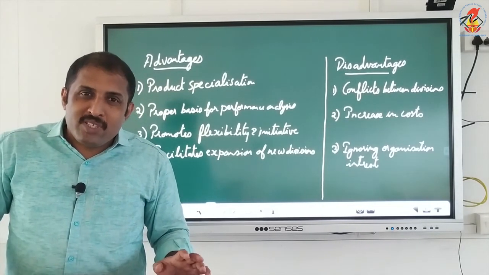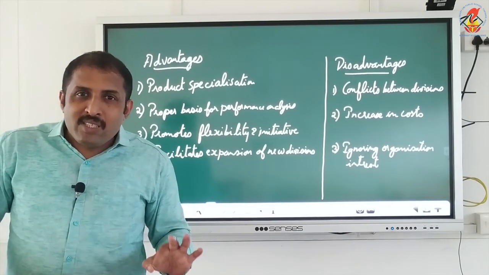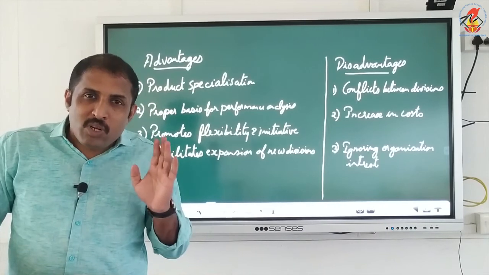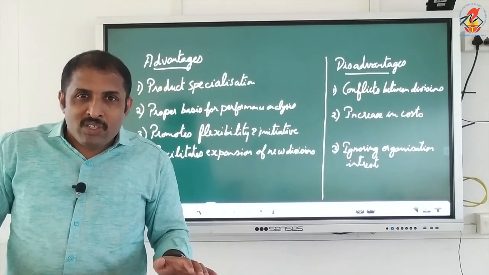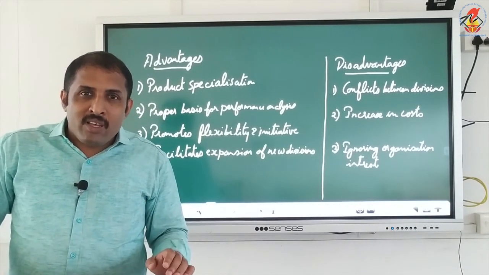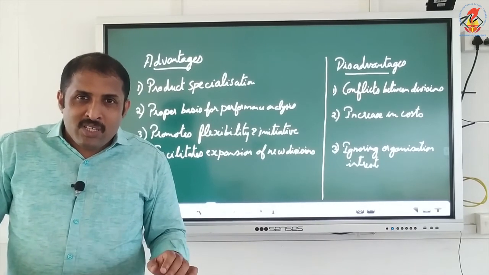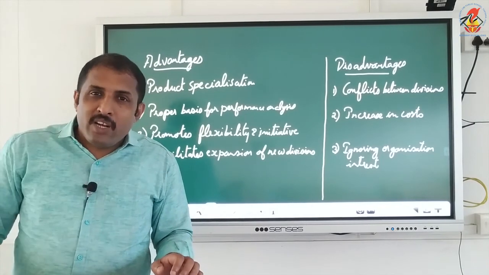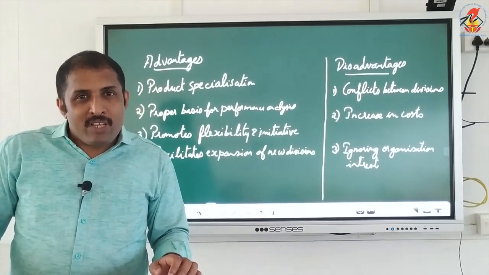But many a times when they are deciding so, there is a tendency or there is a chance to forget what is the interest, what is the objective of organization. It is not enough that organization interest is to be forgotten and interest of the divisional head is to be taken. That is not the way it has to happen.